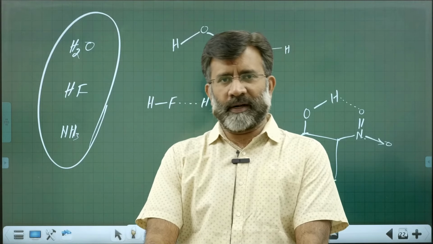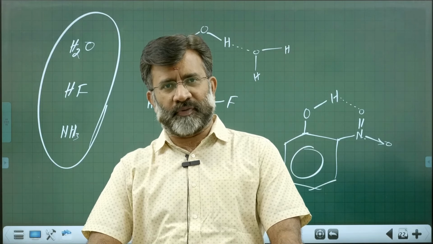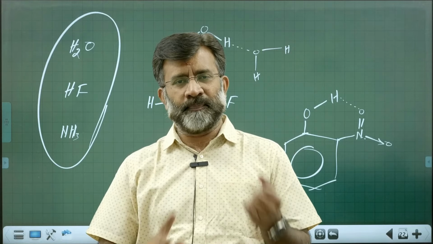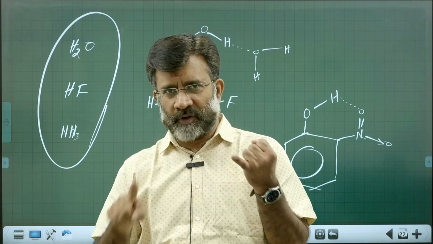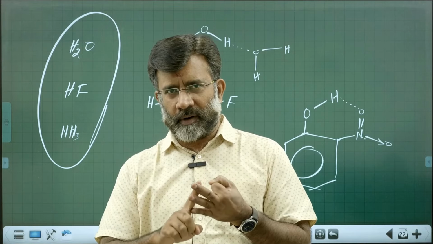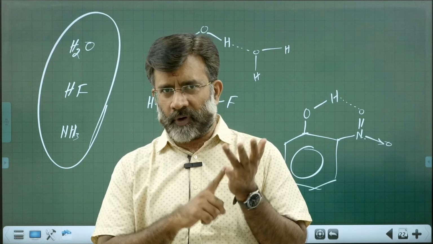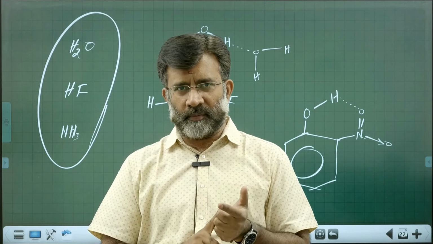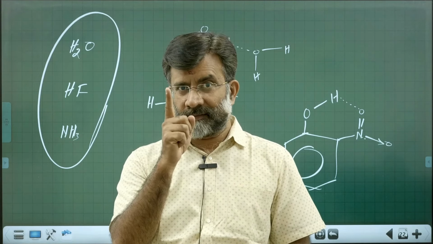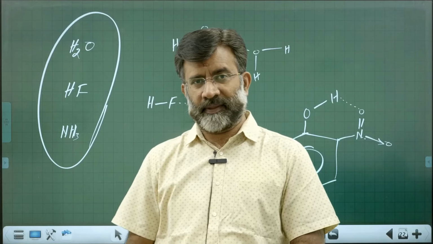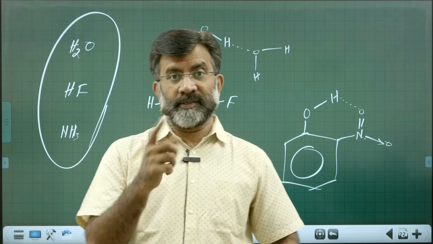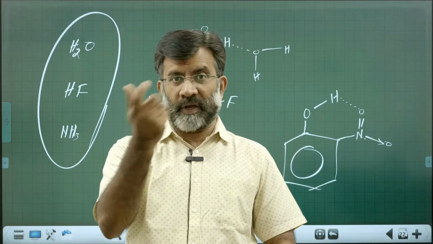Okay, so what are the main topics we have gone through from the chapter? We started from the various types of bonding: ionic bond, covalent bond, coordinate bond, Lewis electron dot structure, drawing the electron dot structure, formal charge, polarity, dipole moment, resonance. Very important word, resonance. Then polarization, covalent character, Fajans rule.